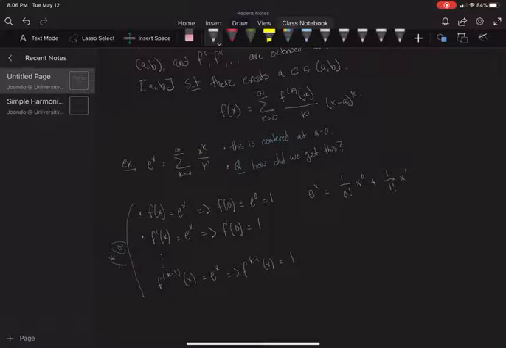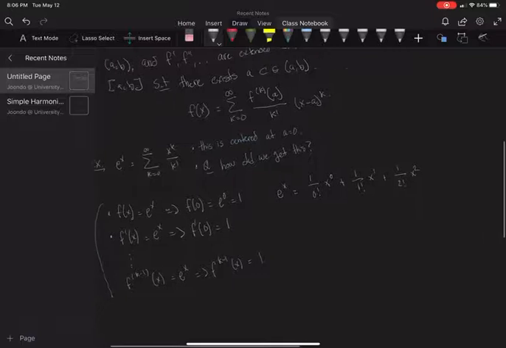plus the second derivative is going to be 1, 1 over, but k equals 2 now, 2 factorial x squared. And if you have the third power, it's just going to be 1 over 3 factorial x cubed, and so on. It's pretty obvious.